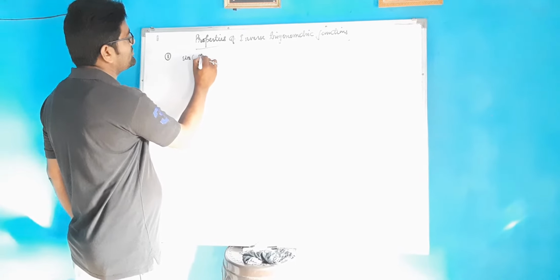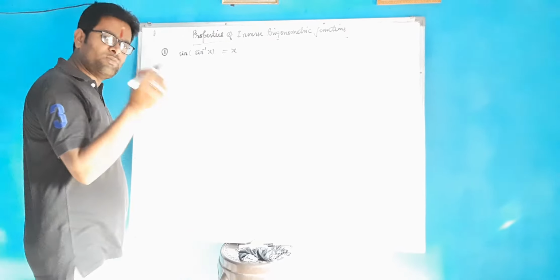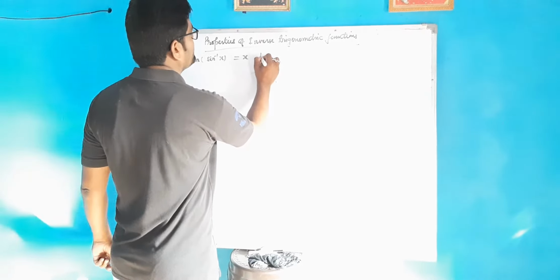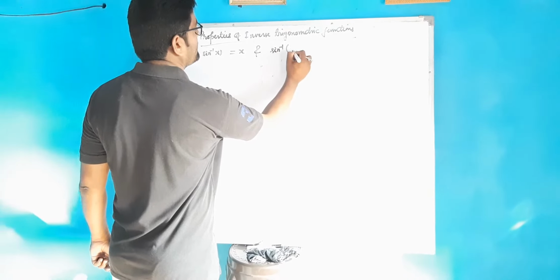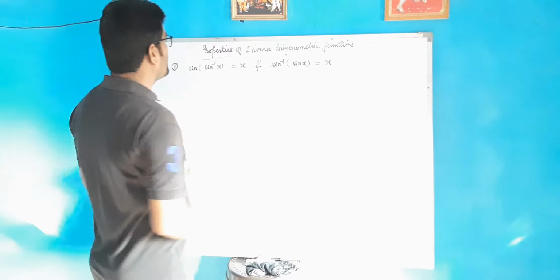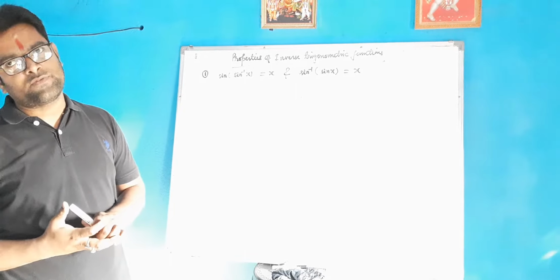Sine inverse of sine x is equal to x, the most important property in inverse trigonometric functions. And sine of sine inverse x is equal to x. It holds for all the other 5 inverse trigonometric functions also.